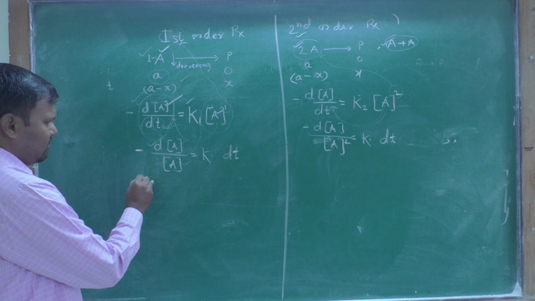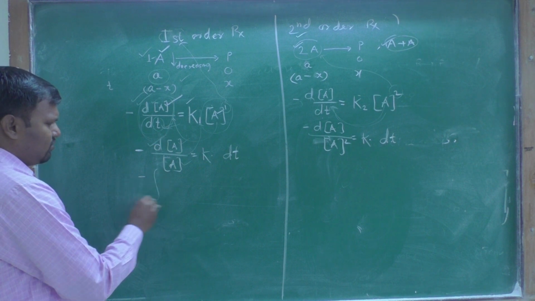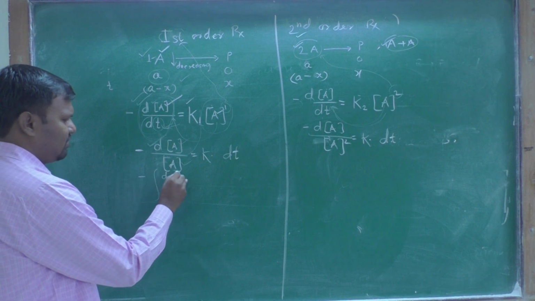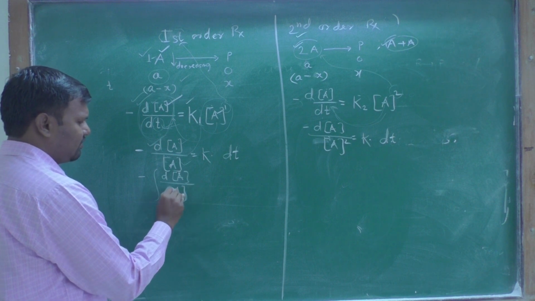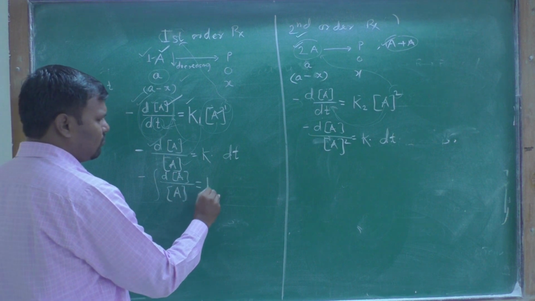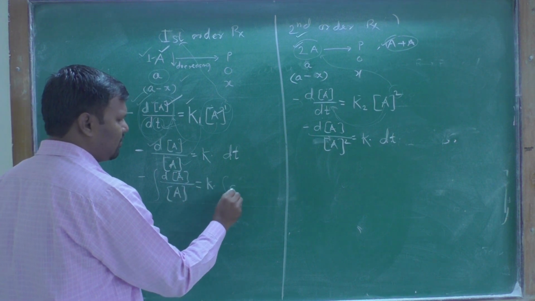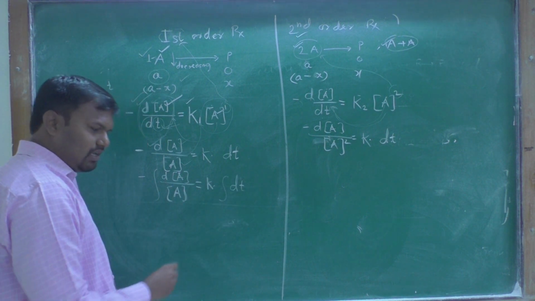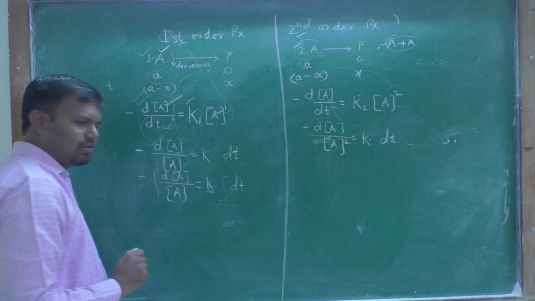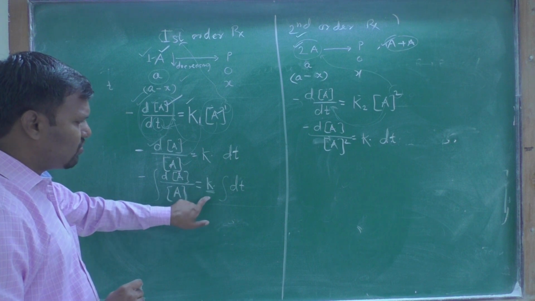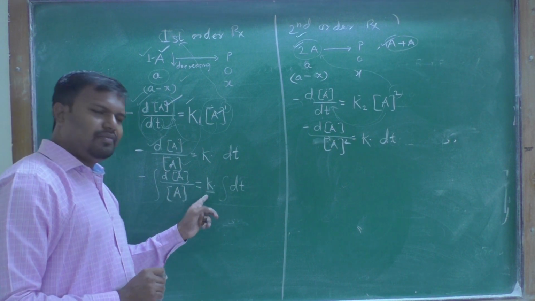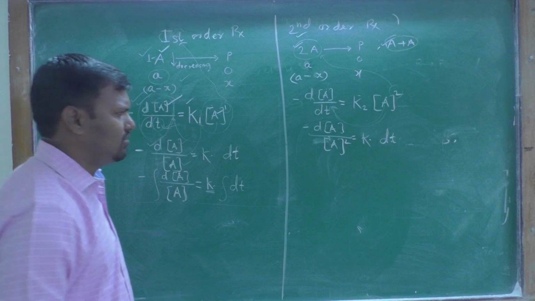Therefore, by integrating it, we have the integration of delta A upon A is equal to k into the integration of dt. Integration of a constant is not calculated, therefore the constant is kept outside the integration.